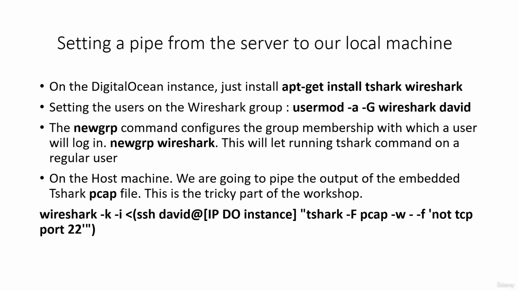Then the command specifies T-Shark, as previously, -f. -f pcap is the default format for T-Shark. Then -w is for writing, defined as writing to standard output, and this will prompt the GUI of Wireshark which we previously installed, and it will sniff the incoming traffic.